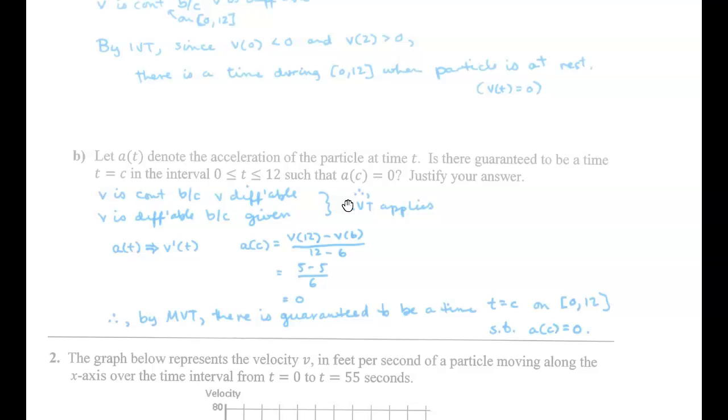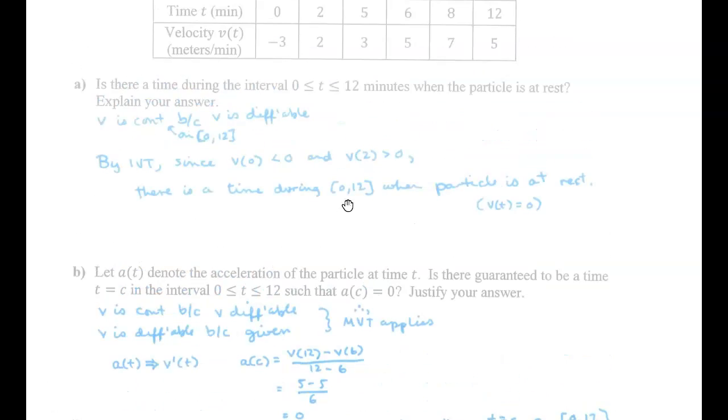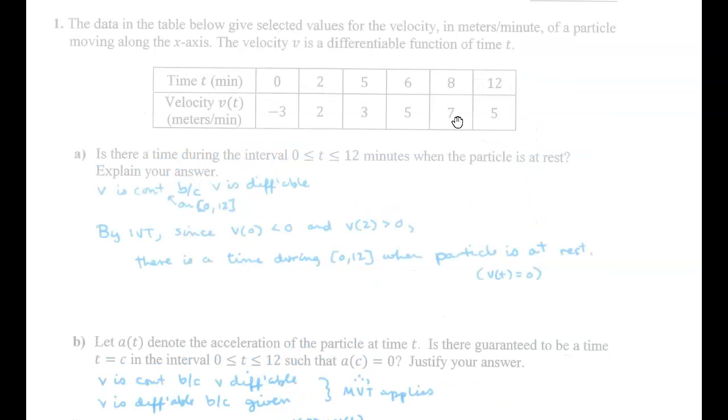So we are once again looking at the given information, which is that the velocity is differentiable. Because velocity is differentiable, we know it's continuous. By mean value theorem, we then can say that there is a point at which the derivative, aka acceleration, is equal to the slope of the secant. So we want to look at our data and try to find a time where my data is going to have a slope of 0. And if you think about it, Rolle's theorem says that f of a equals f of b.